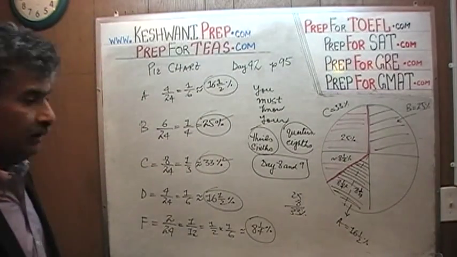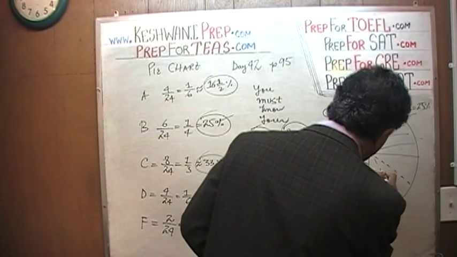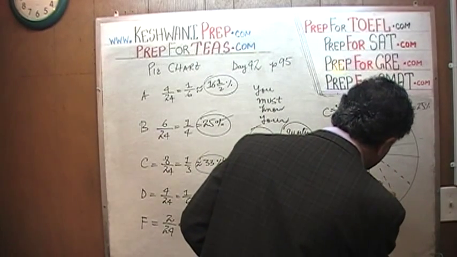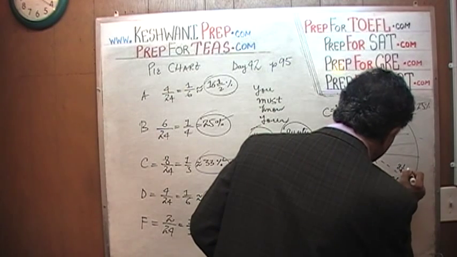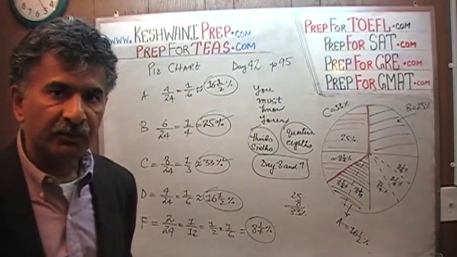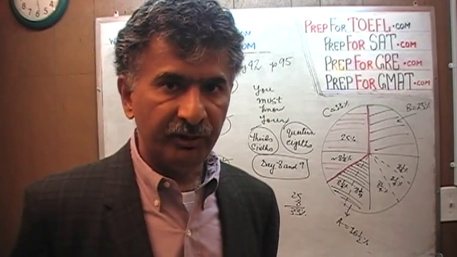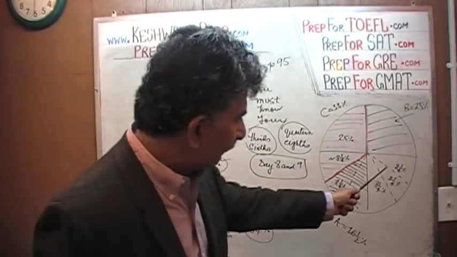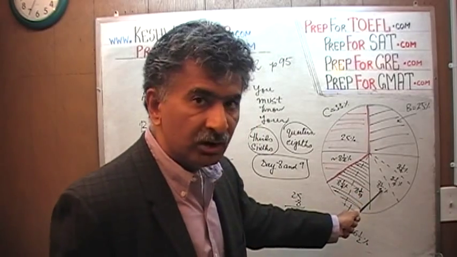Now we have to do a D, which is very easy. Again, we break this into 3 parts, and each third of the circle represents approximately 8.25%, because, as we said already, 8 plus 8 plus 8 is 24, and a quarter plus a quarter plus a quarter gives you 3/4.